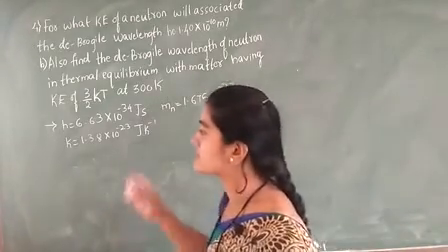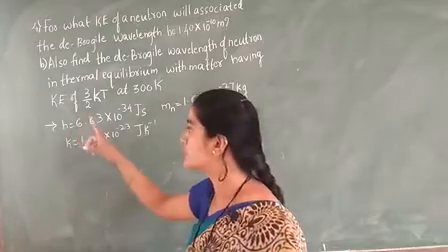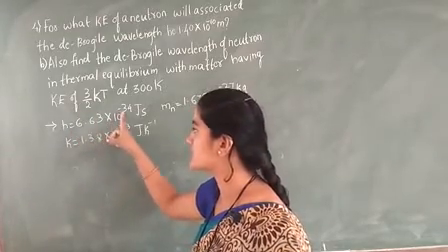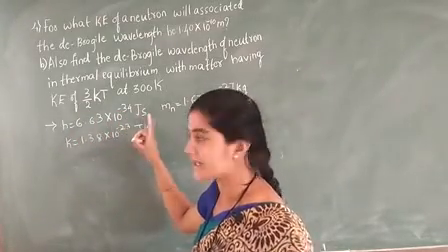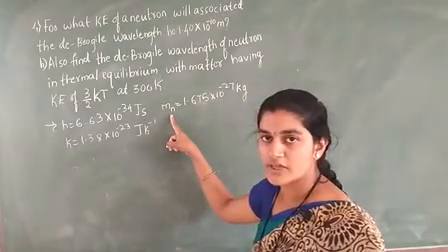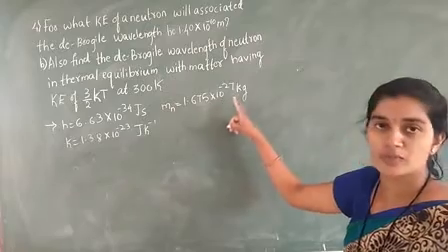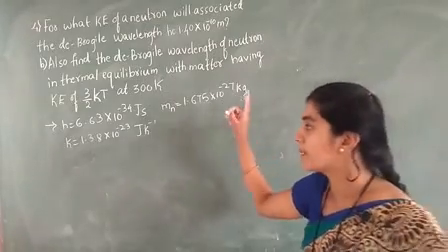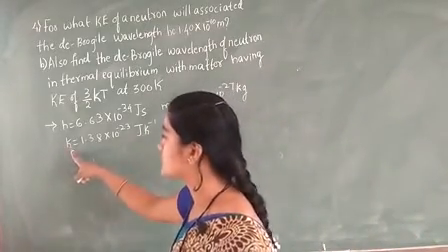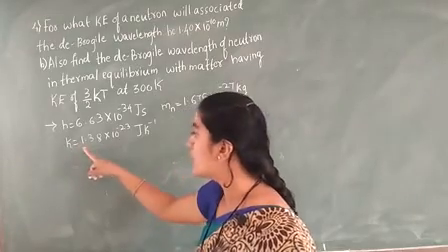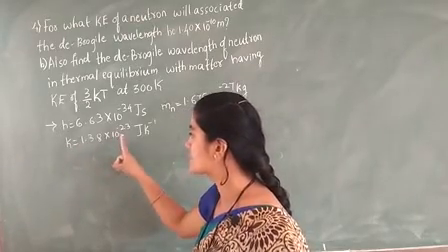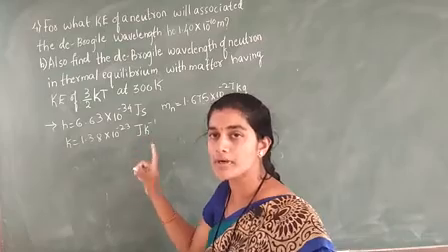The given terms: h is equal to 6.63 into 10 raised to minus 34 joule second. Next, the mass of the neutron Mn is equal to 1.675 into 10 raised to minus 27 kg. Next, they have given small k is equal to 1.38 into 10 raised to minus 23 joule per Kelvin.